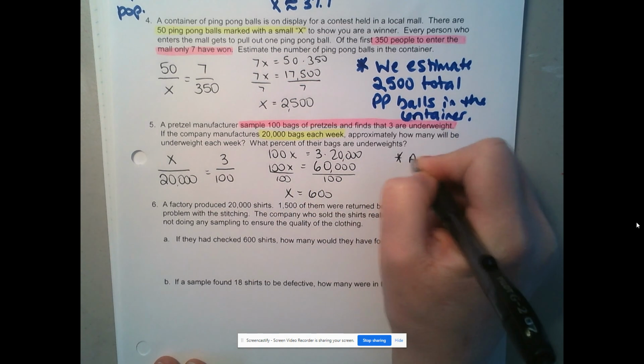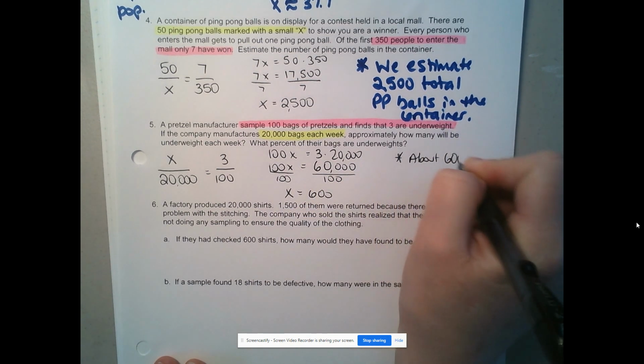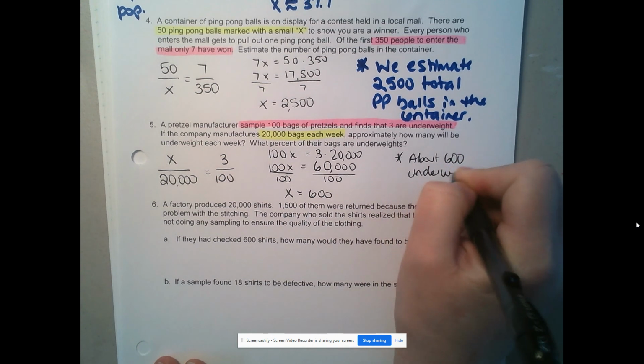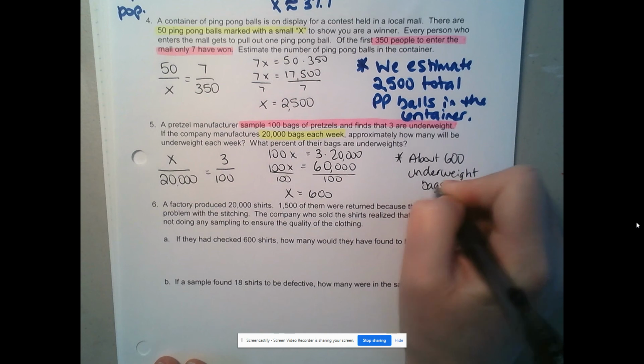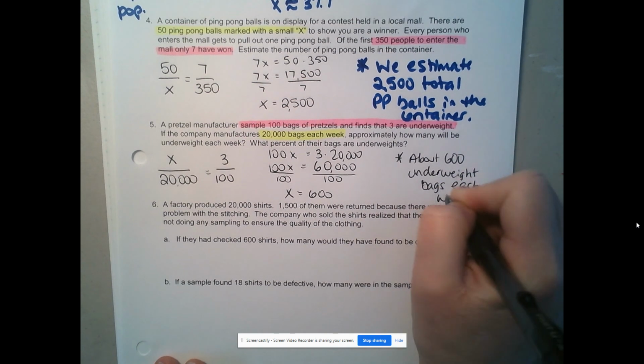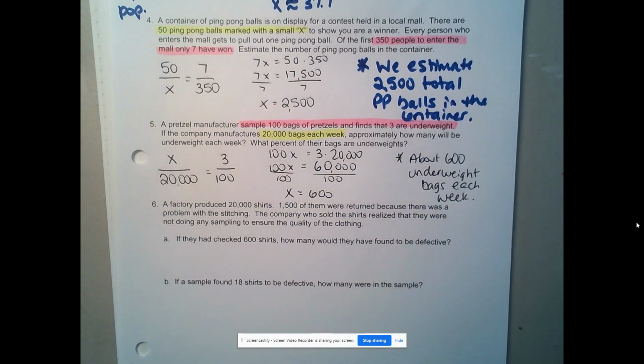That's a lot. About 600 underweight bags each week. And that means those should not be being sold. People can actually, and have actually in the past, filed class action lawsuits and sued companies over things being labeled incorrectly.